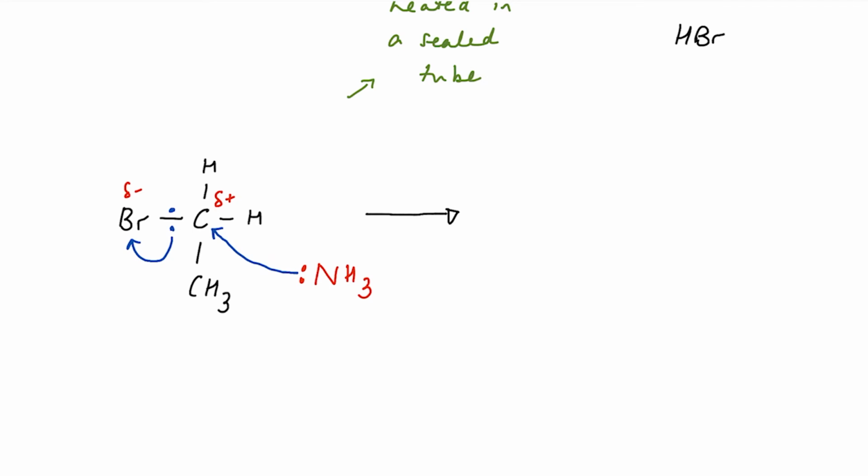Now, because the nucleophile has attacked in my picture from the right, the hydrogens and methyl kind of shuffle round. This would make more sense if it was in 3D, but maybe this is a good time to get out your molymods and prove this to yourself. So I'm going to draw it like so, with the new bond to the nitrogen.